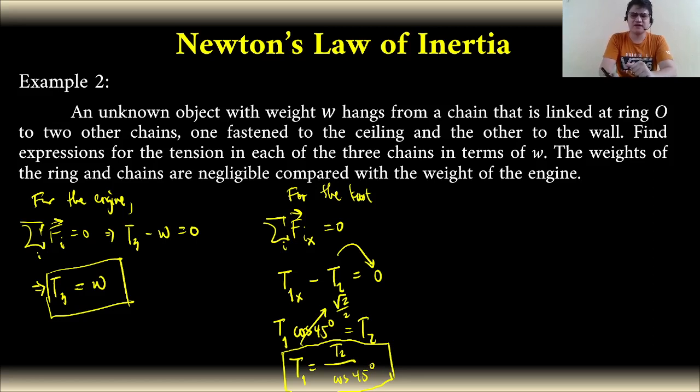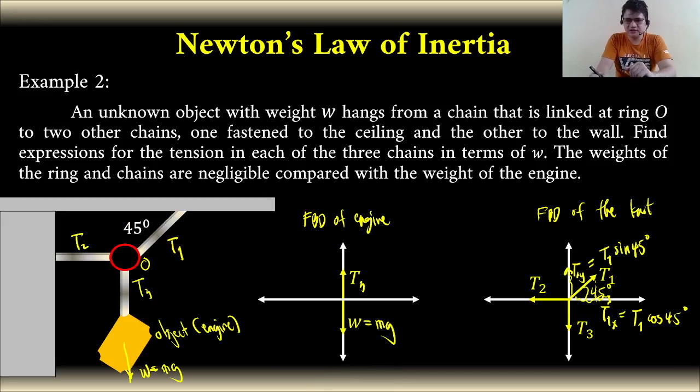How about for the y-axis? So we have the sum of all forces with respect to the y-axis is equal to 0, which implies that, as we can see, there are only two forces in the y-axis. We have T1y pointing upward, which means that this is positive, and we have T3 pointing downward, which means that this is negative.